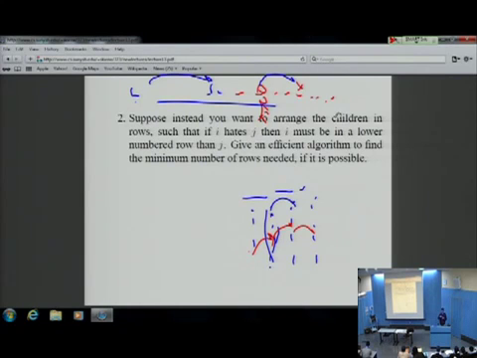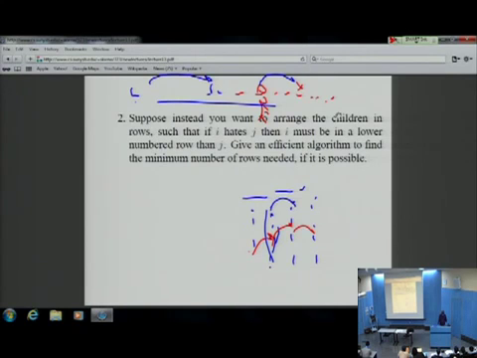Is that what you're saying? I meant to say breadth first search, not that. But you're talking about the length of a chain of hatreds. If you have a chain of hatreds that long, you need at least that many rows. Does everybody agree with that?